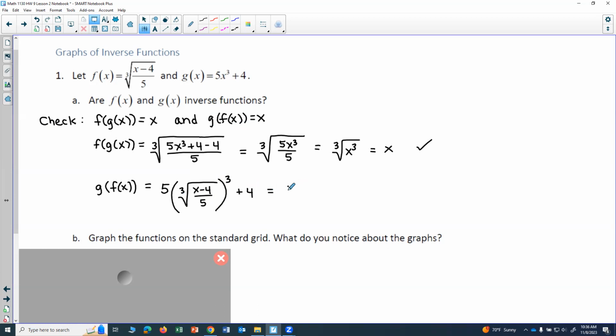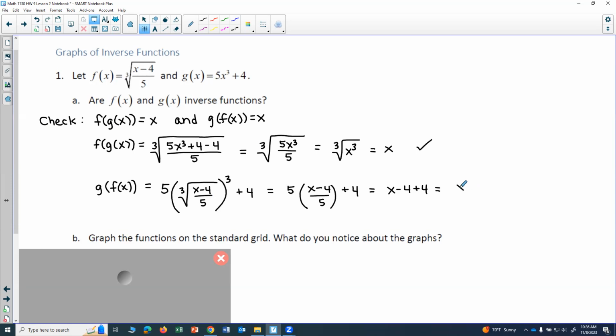So I have 5 out front. The cube root and the cube undo each other. So the cube root is going to drop off and the cube will drop off. So I'll have 5 parentheses, x minus 4 over 5, and then the plus 4 there on the outside. Now here, 5 over 5 cancels and leaves me with a 1. So I get x minus 4 plus 4. Negative 4 plus 4 cancels into a 0.